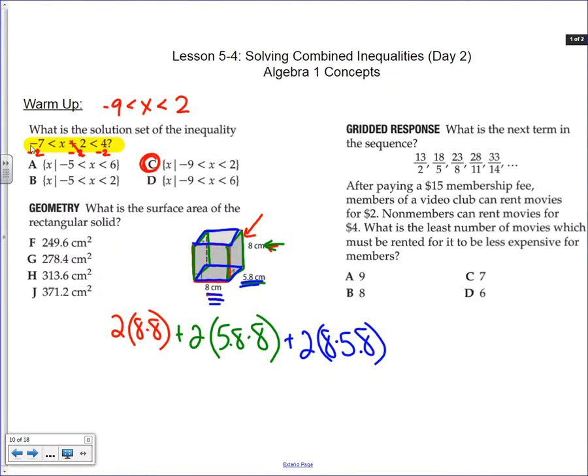All right, let's come over to where it says gridded response. It says, what is the next term in the sequence? There's some kind of pattern going on here. We need to find that pattern, and we need to find the next one. These are all fractions. If you look at the numerator, ask yourself what is happening in the numerator every time. If I want to get from here to here, from here to here, and from here to here, what's happening?